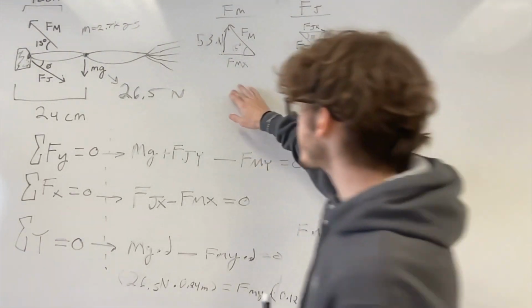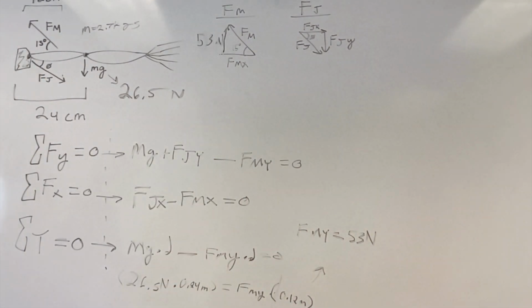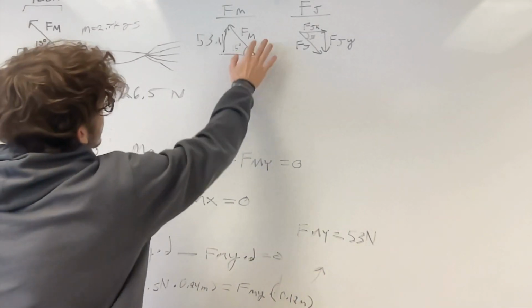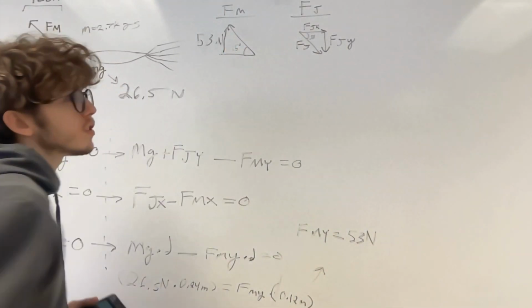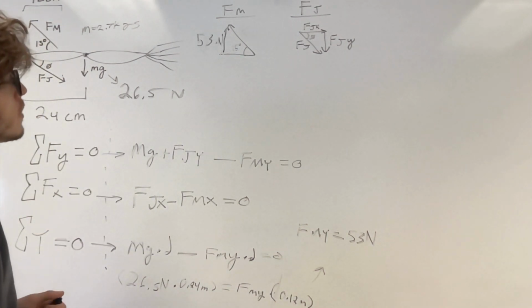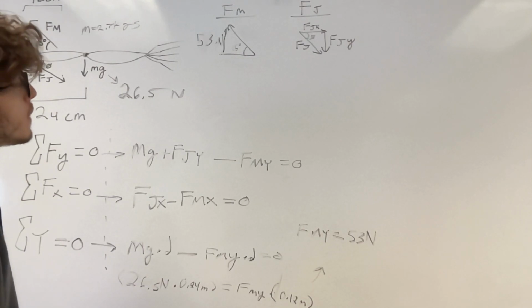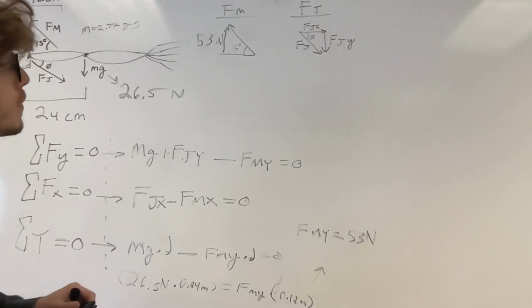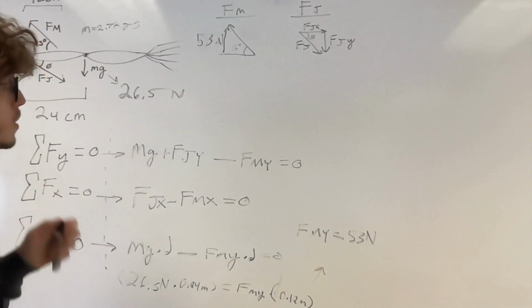We know that we can use our trigonometric functions. I'm sure at this point, if you're this far into your physics course, you know how to do this. So to save marker resources, we are just going to simplify it on the calculator. So sine of 15 is equal to that 53 newtons over the hypotenuse, which is Fm, sorry, not F of m.